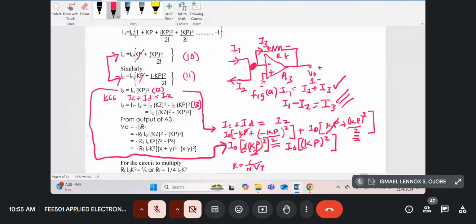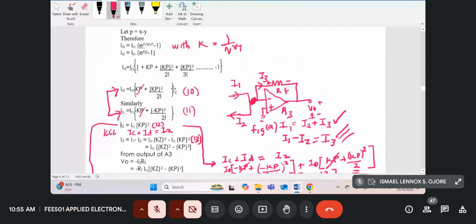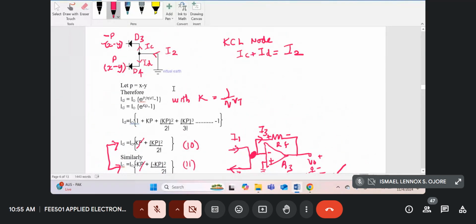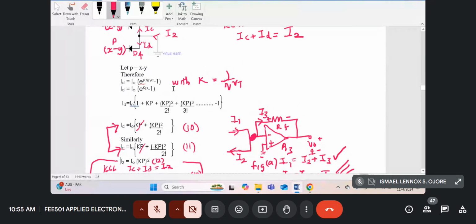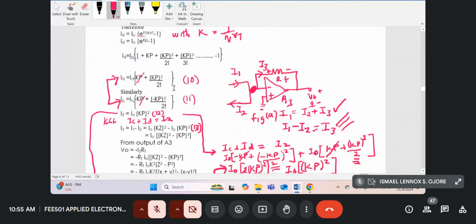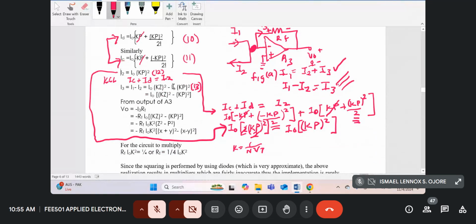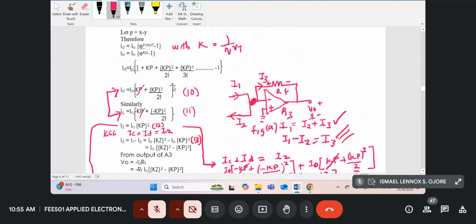So all we have to do is to substitute the values of I1 and I2. And we've derived I1 and I2. I2 is equation 12 over here. And I1, let's look for I1. Where is our I1?